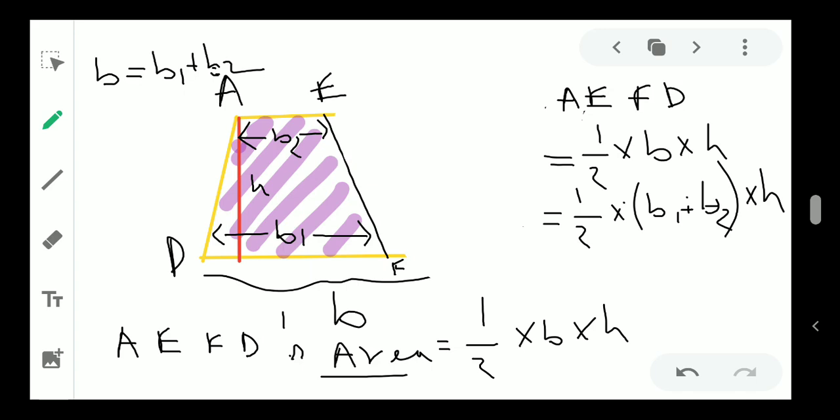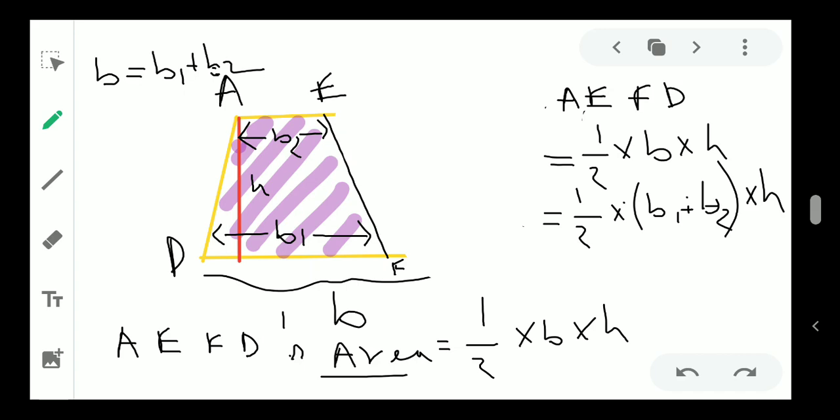For this trapezoid AEFD, b1 is the lower portion of the trapezoid, and b2 is the upper portion of the trapezoid, and height is the distance between them. So how to find out the area of a trapezoid?